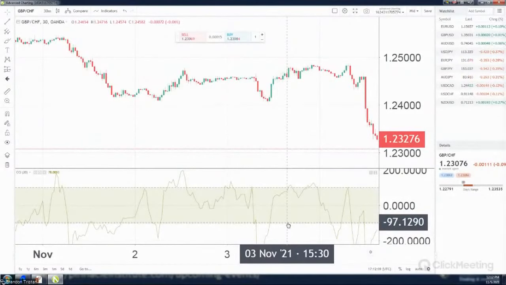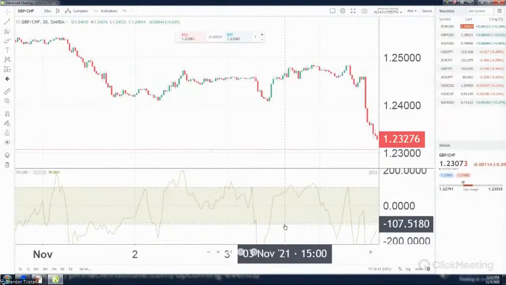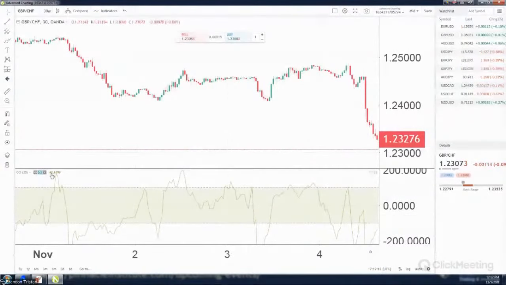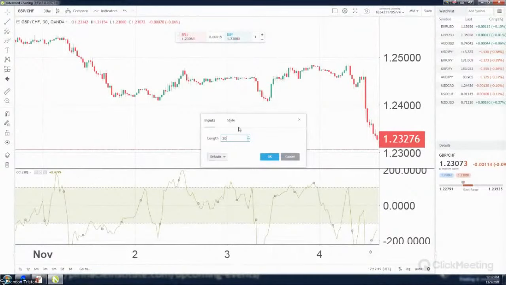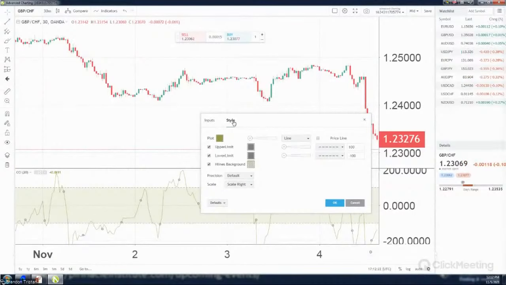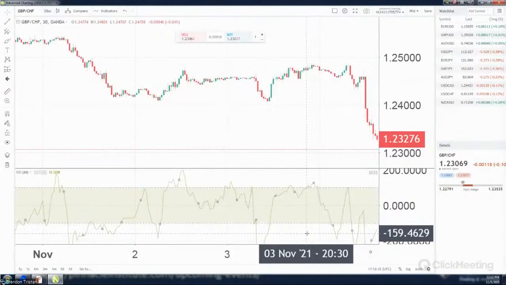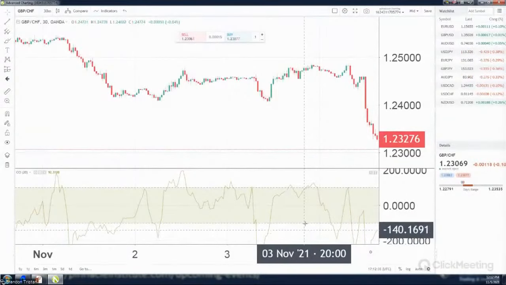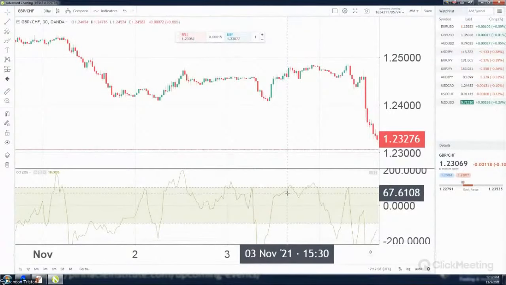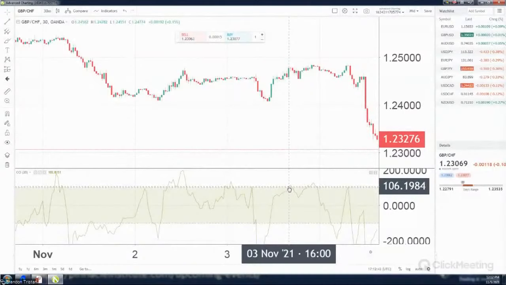Let me see real quick where they have these formats. So it's 20 days and 100. Okay, so it's 100 and 100. All right. So the top line is 100 and the bottom line is negative 100. So all this is saying, to make it simple, is that if this line goes above the positive 100, then this is telling you it's overbought. Okay.